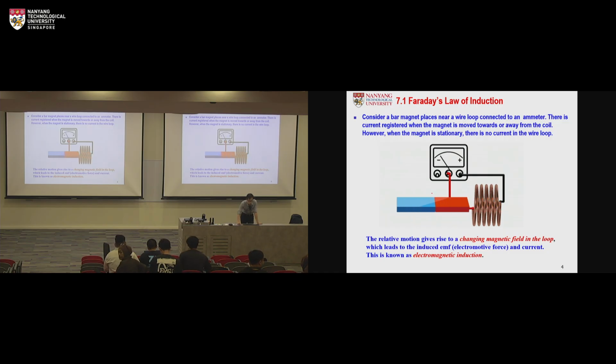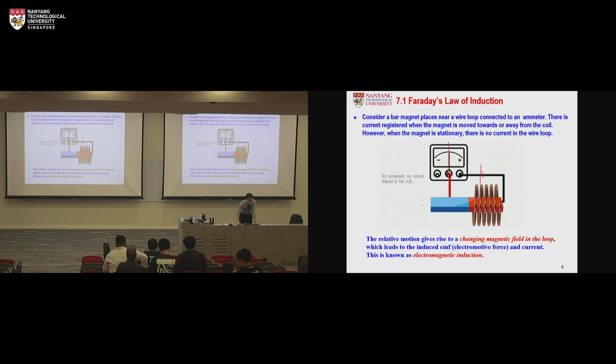Of course, if you don't have a magnet or a battery, then the current inside this coil is always going to be zero. One way you can generate a current is to connect everything to a battery. And another way is by moving a magnet.